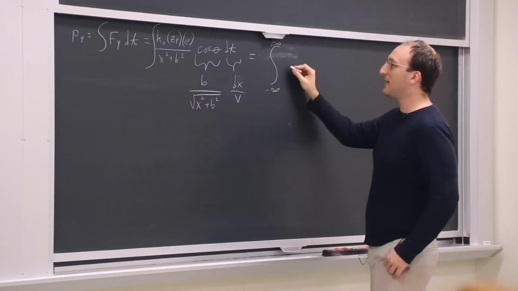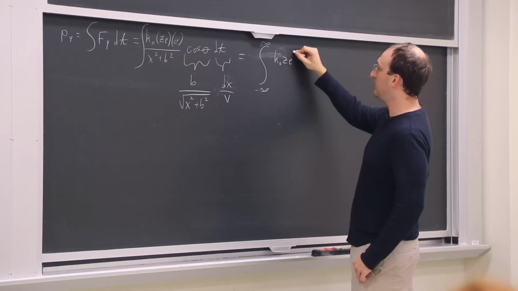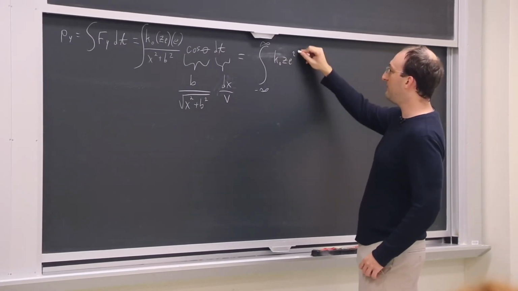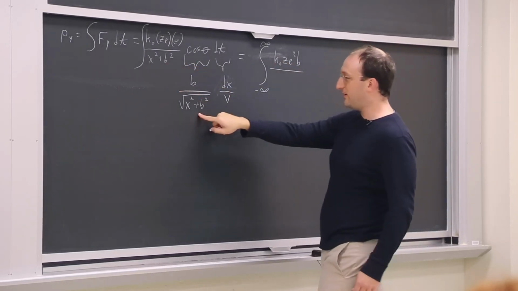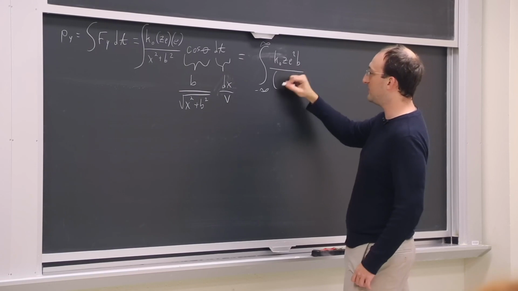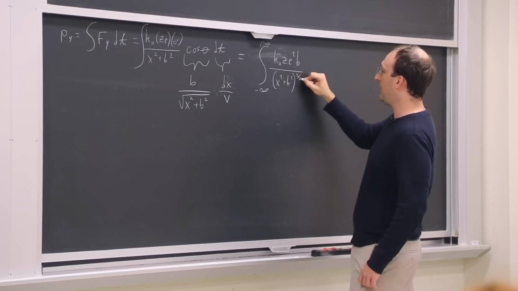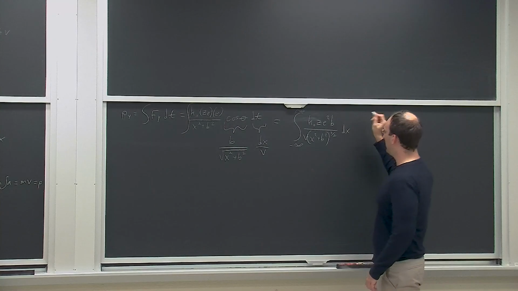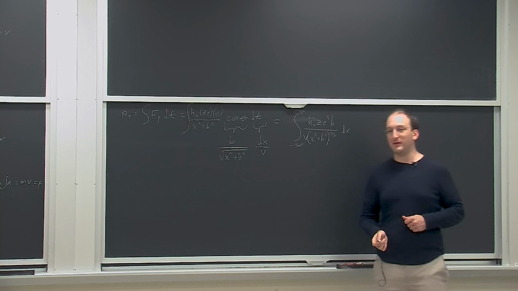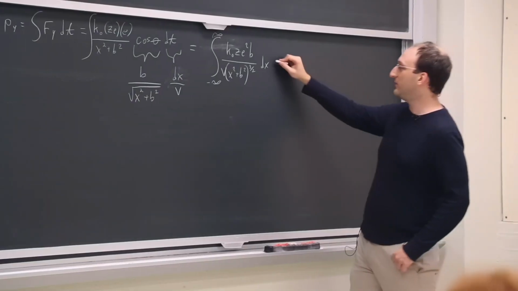We have the integral from negative to plus infinity of k naught little z e squared times b over x squared plus b squared times the square root of itself. So let's just say x squared plus b squared to the 3/2. And there's a v on the bottom, dx. This is finally evaluable. So we're getting closer. Let's take all the constants and shove them outside the integral.